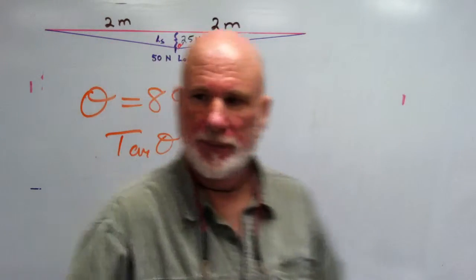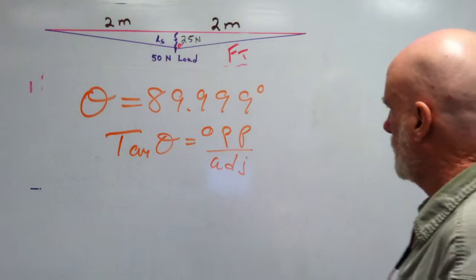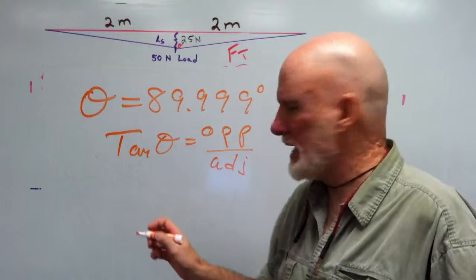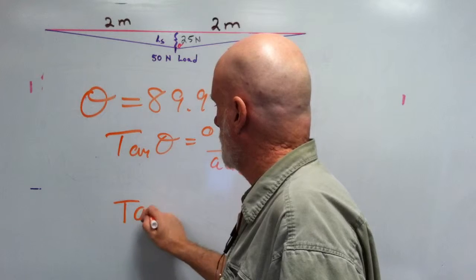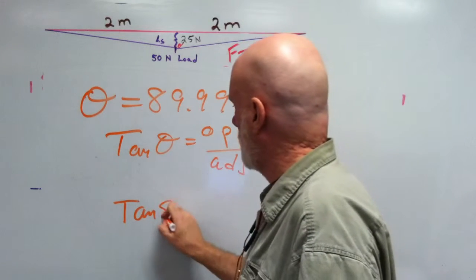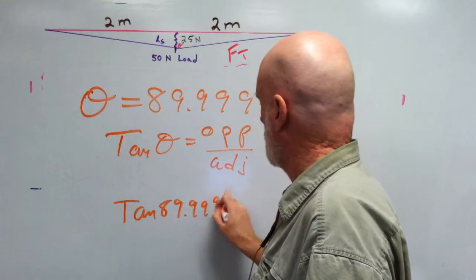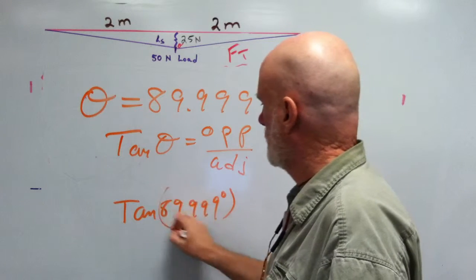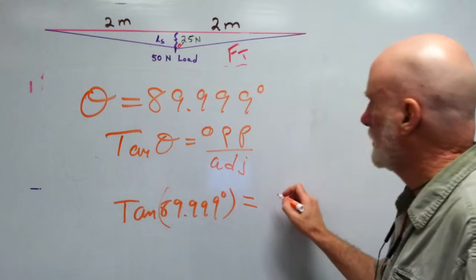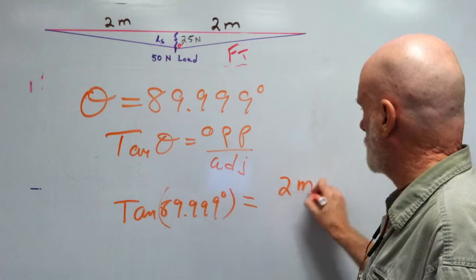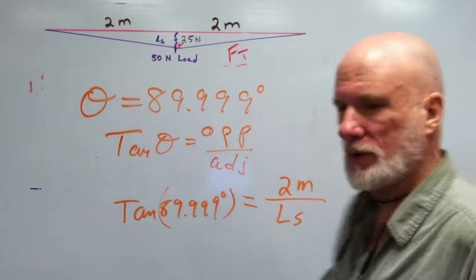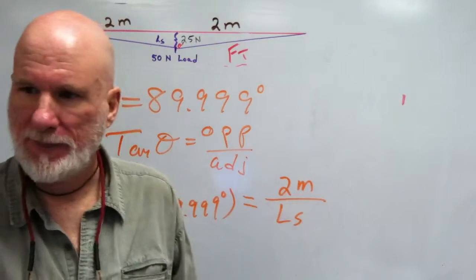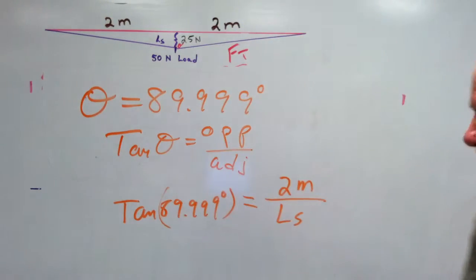Then tangent of 89.999 degrees equals opposite, 2 meters, over LS. Is that on the screen? Yeah, it's right there.